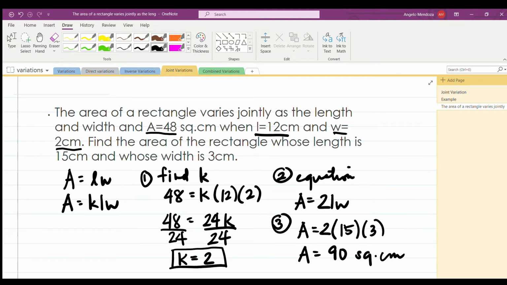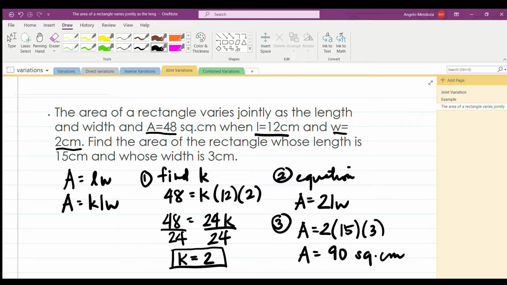Since the constant K is 2, instead of just multiplying 15 by 3, we have to include 2 as our constant. So the answer is 90 square centimeters.